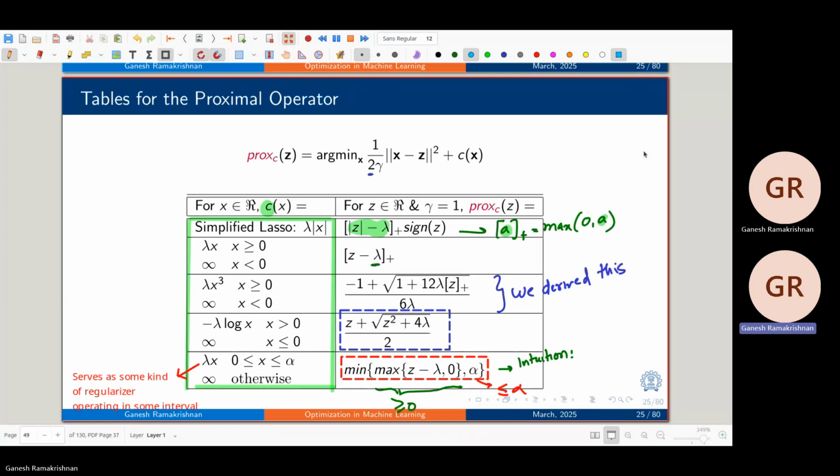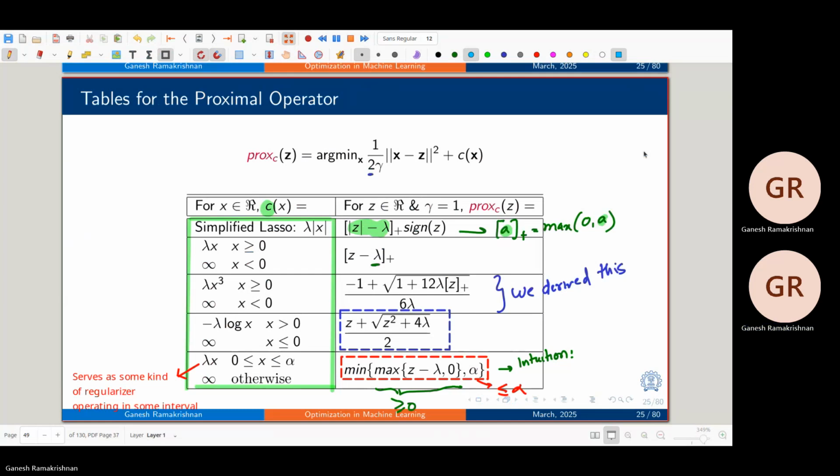So in some sense, in the dual space, you are basically shrinking by lambda. Whenever you scale by lambda, it's like saying shrinking by lambda in the dual space. So there's a shrinking by lambda, z minus lambda. And because there's a lower bound here of 0, max of z minus lambda comma 0. It can't go less than 0.